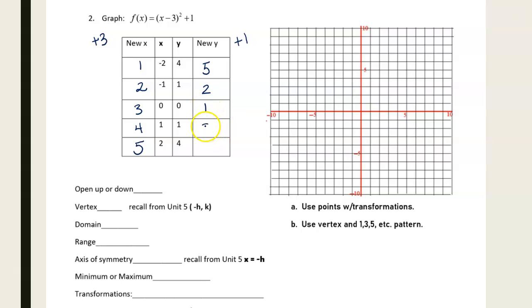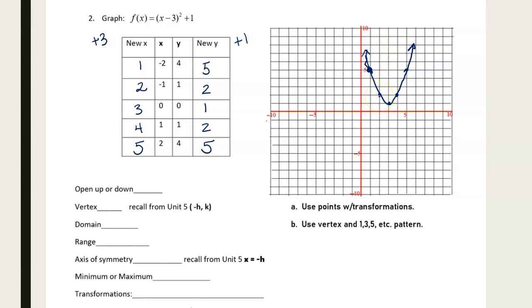Now we're going to go back to do the other side of the parabola. Let's graph. We have 1, 5. Oh, wow. 2, 2. 3, 1. 4, 2. And 5, 5. So there's our lovely U shape.